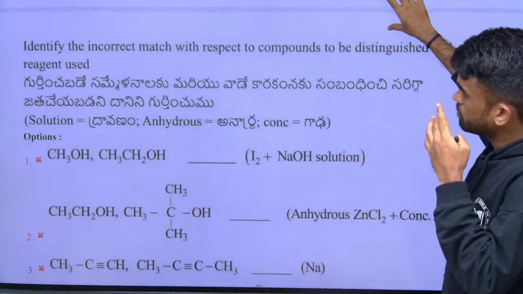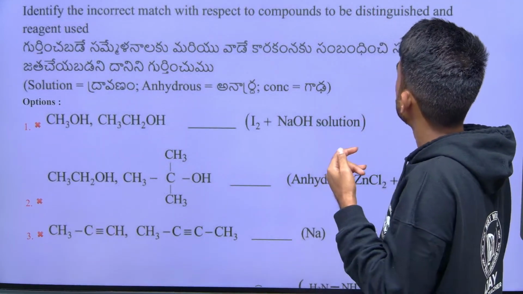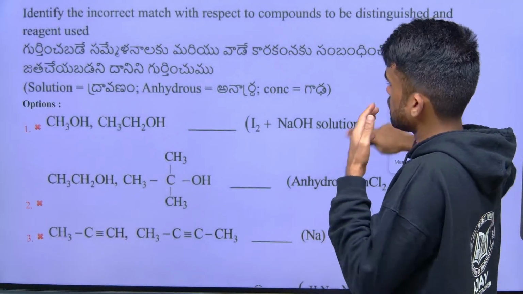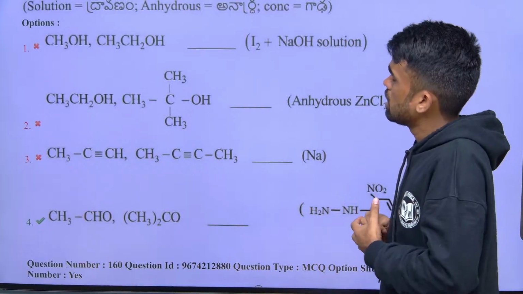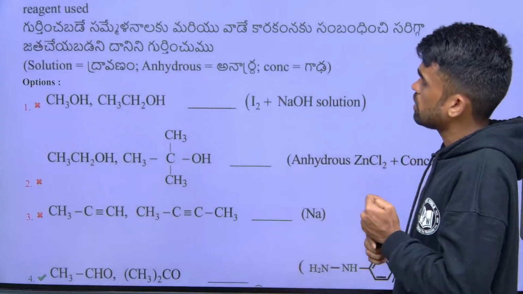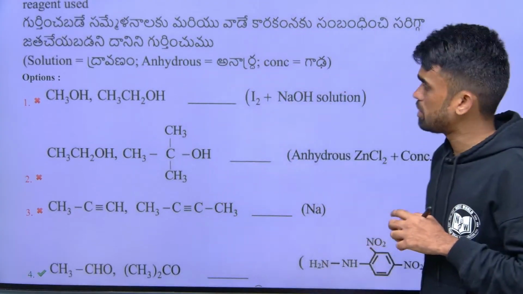Next, last two questions I think. Identify the incorrect match with respect to distinguishing of this reagent. Okay, so methanol plus ethanol, can we distinguish them? Yes, because this is the iodoform test.